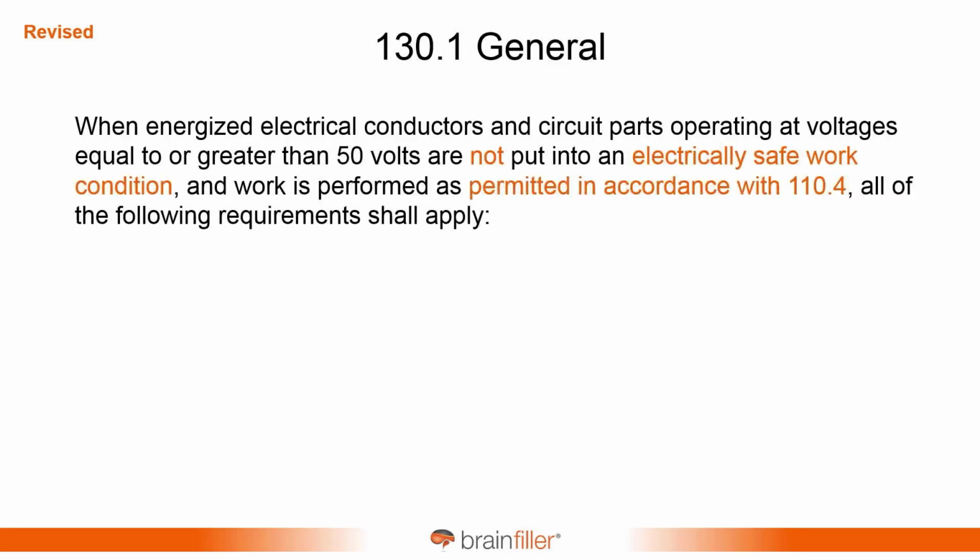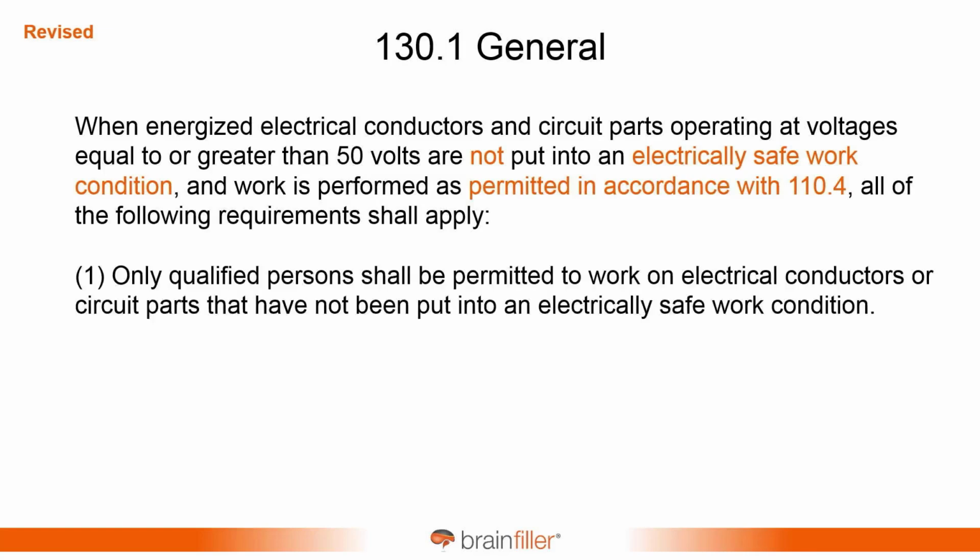This is pretty important right here. 130.1 is referencing that if you have conductors or circuit parts operating at equal to or greater than 50 volts, and they are not put into an electrically safe work condition, because it's permitted in accordance with 110.4, all of the following shall apply.